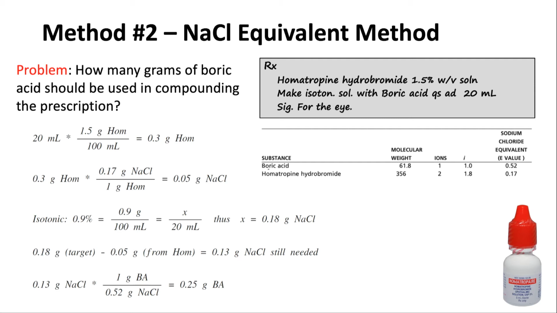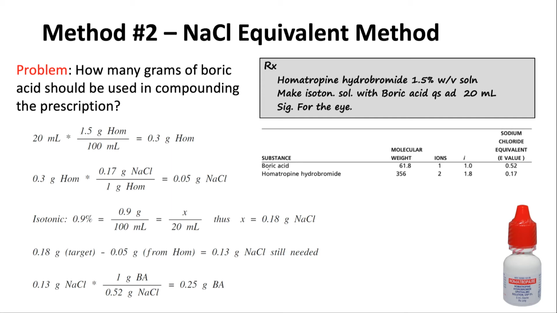So if we take 0.3 times 0.17, our numeric answer would be 0.05, and that is in grams of sodium chloride. So what we've determined is that adding our 0.3 grams of homatropine produces the same osmotic forces as if we had added 0.05 grams of sodium chloride.